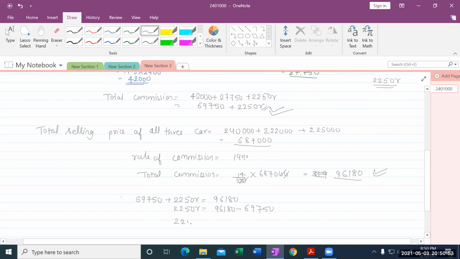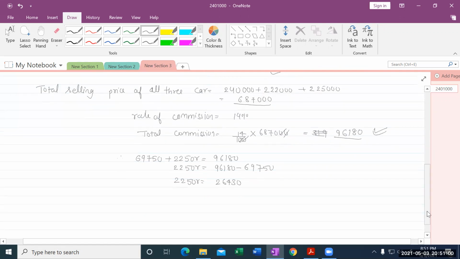So 2250 R is equal to 26,430. So R will be equal to 26,430 divided by 2250. So we'll do cancellation. So R will be equal to 11.746, so precisely 11.75. So this is the rate of commission on the third car.